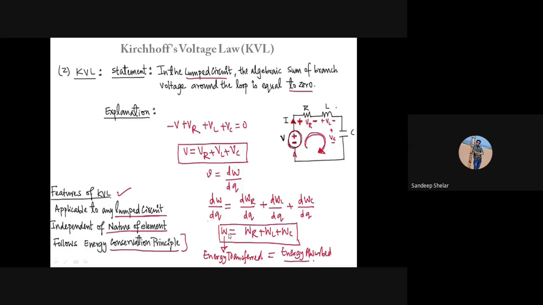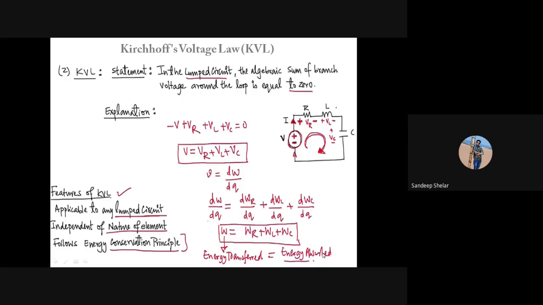In the form of work done, that is energy, W is equal to WR plus WL plus WC. W indicates the energy transferred to the circuit or element, and WR plus WL plus WC is called the energy absorbed.